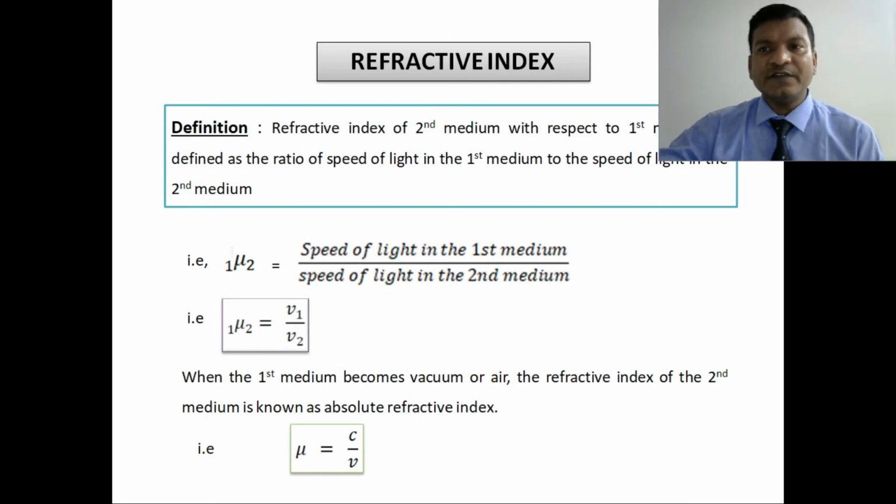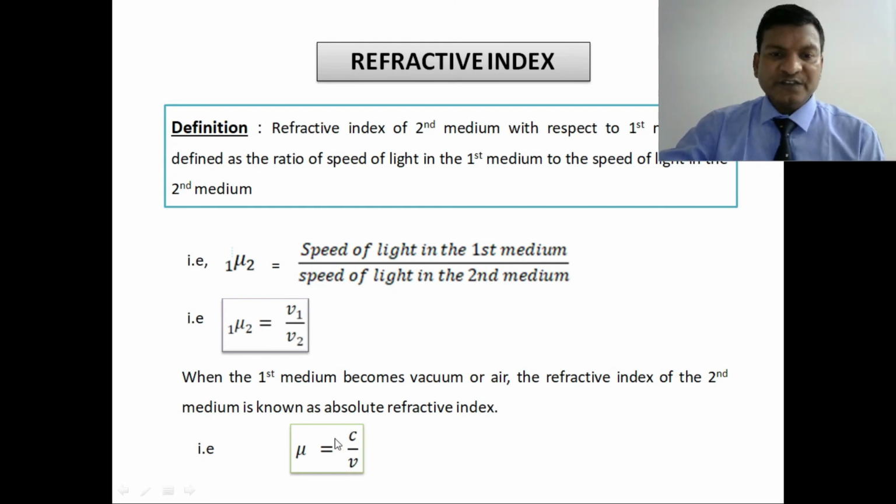Therefore, how can you define the absolute refractive index? Here the expression is written mu is equal to C upon V. Here C stands for the speed of light in the vacuum or in the air, and V stands for the speed of light in that medium in which the ray of light is going.